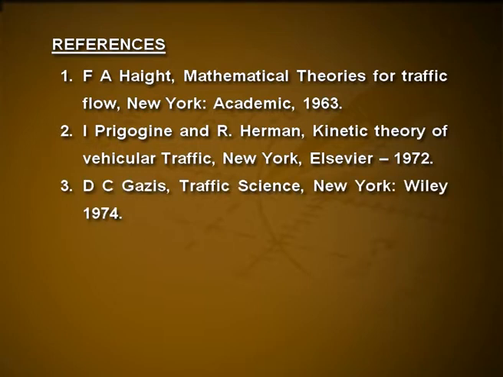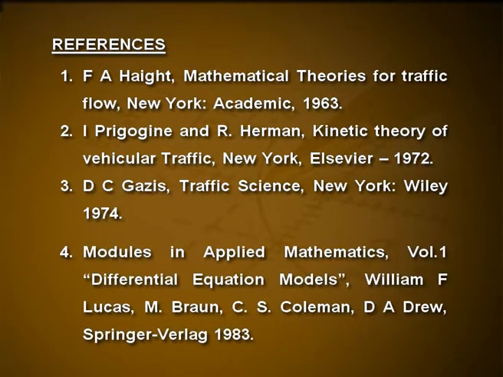Third one, D.C. Gazis, Traffic Science, New York Wiley 1974. Fourth one, Modules in Applied Mathematics Volume 1, Differential Equation Models by William F. Lucas, M. Brown, C. S. Coleman, D. A. Drew, Springer Verlag 1983.